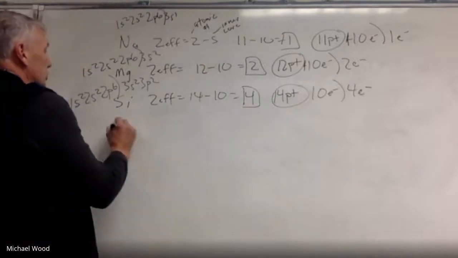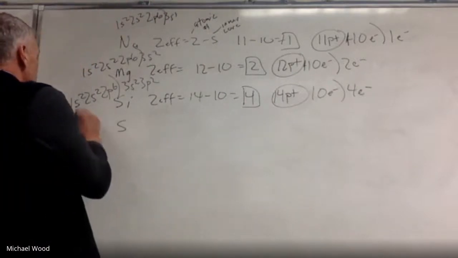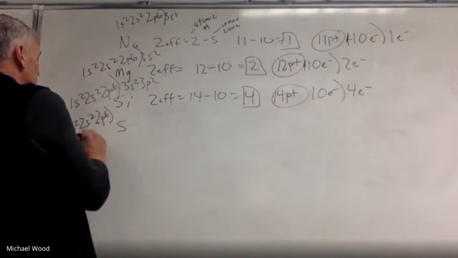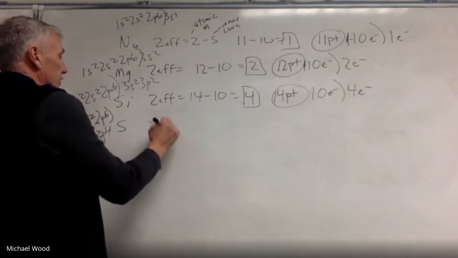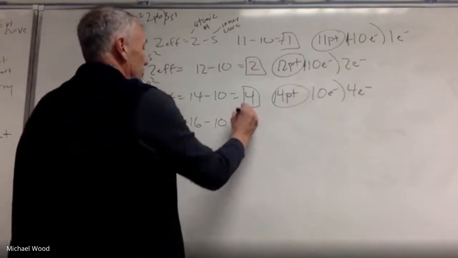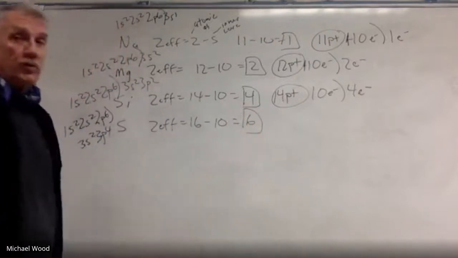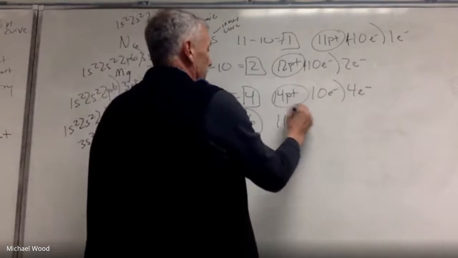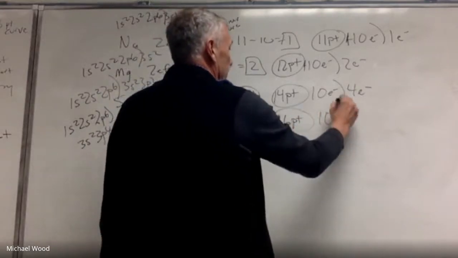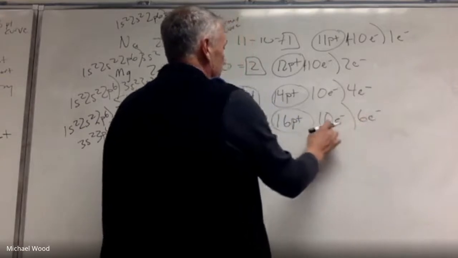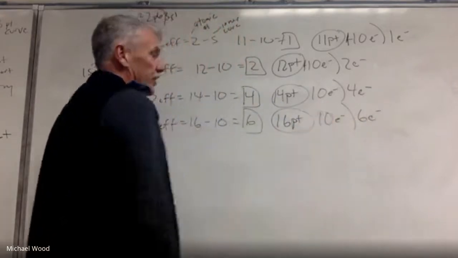Okay, then if I do sulfur, so sulfur is 1s2, 2s2, 2p6, so there's the inner core electrons, then it goes 3s2, 3p4. So the Zeff here is 16 minus 10, which is 6. So even a stronger force from the nucleus. And if I diagram this to give you a visual, now I have 16 protons that are going after 6, and now we're getting outnumbered.